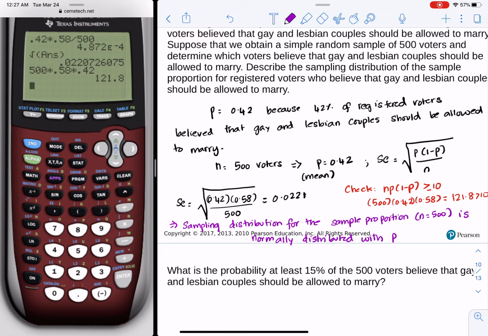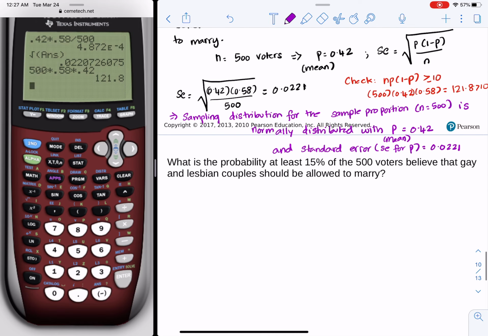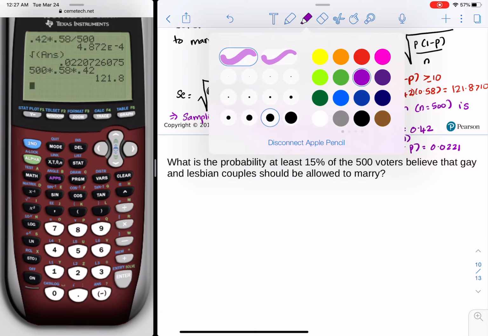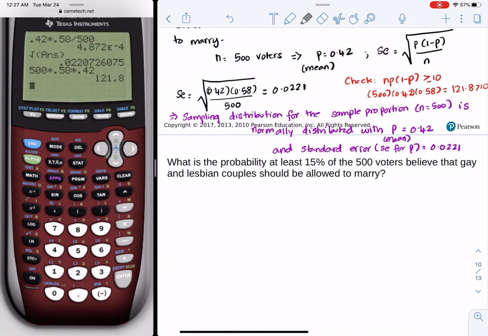With p, which is the mean, equal to 0.42, and standard deviation, or the standard error, SE for p, equal to 0.0221. And we can say that normal distribution holds because that condition is satisfied.